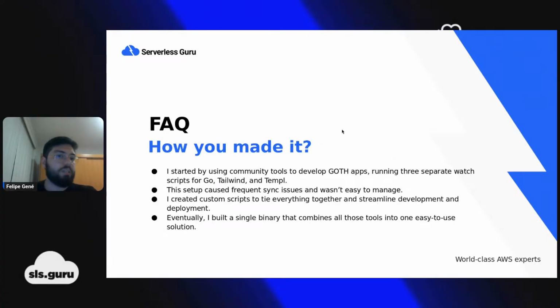Another question is, how did I create the Gothic framework? How was the process of creating or developing it? As I said, I started using the community tools, and they were less than ideal. To develop a Goth app with the standard community tools, you basically have to run your Go scripts in watch mode, usually using Air, which is like Nodemon, but for Go.